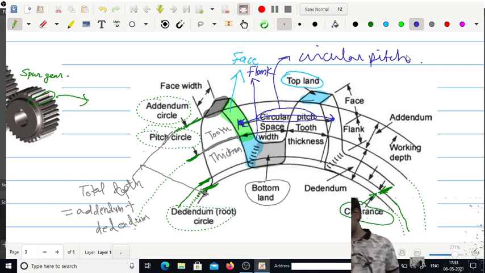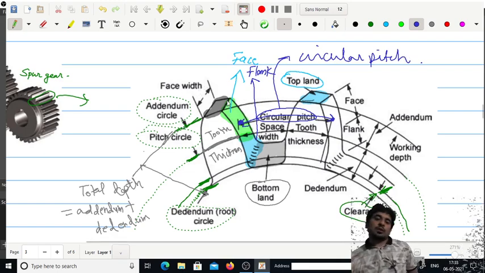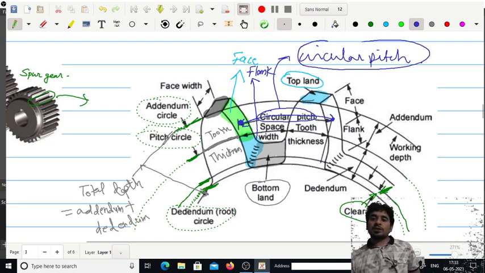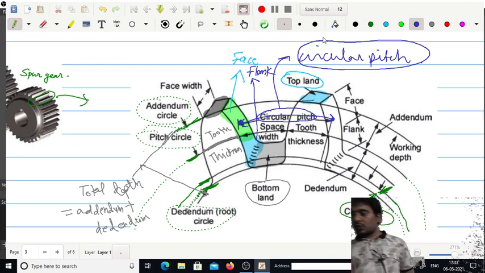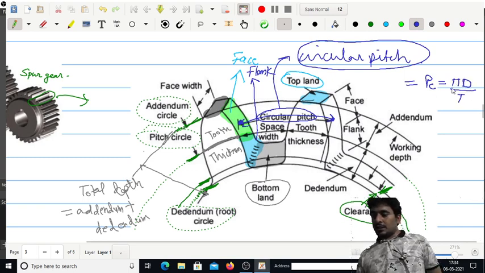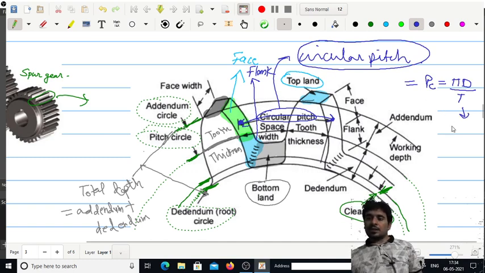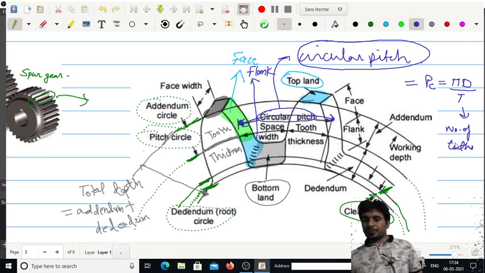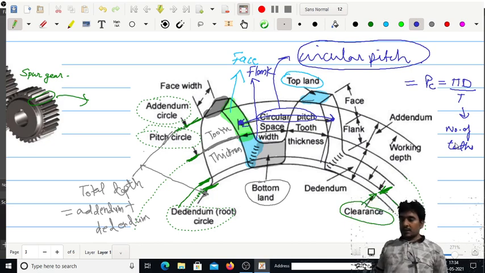In order to mesh this particular gear profile with another gear profile, the circular pitch for both gears should be the same, and mathematically the circular pitch, represented as Pc, is given as pi d / t, where t represents the number of teeth. So by this we can calculate the circular pitch.